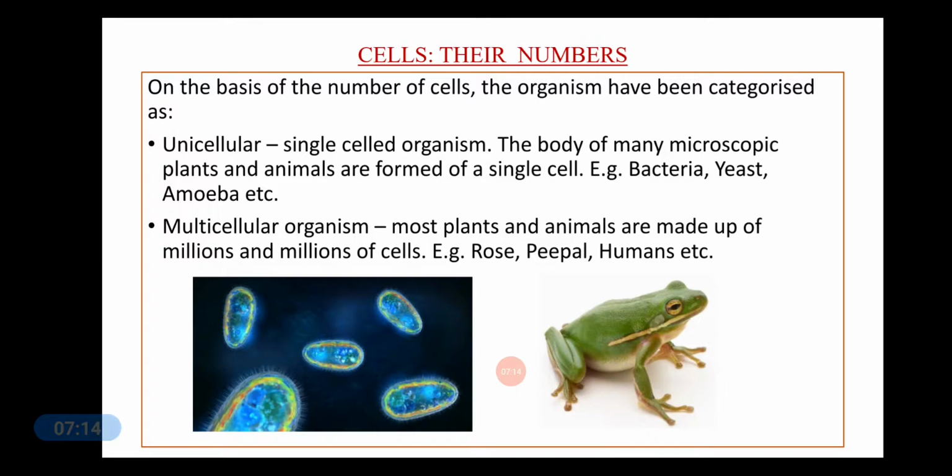So, these organisms are called multicellular organisms. For example, the rose plant, the peepal plant, human beings, the frog, the deer, the dog. Any animal, any plant that you see around you is a multicellular organism. Even this frog is a multicellular organism. That is, different cells make up these organisms.